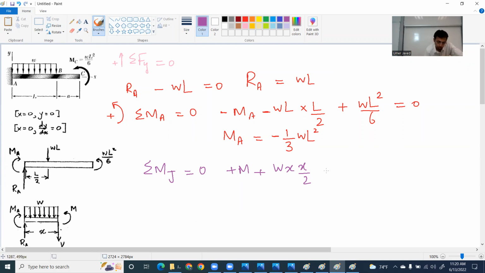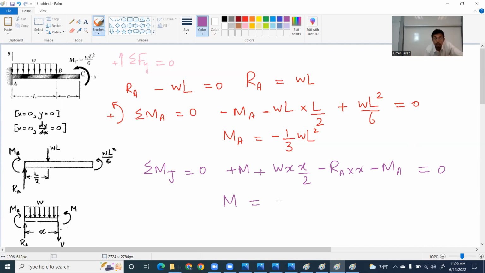And then we will have minus RA multiplied by X. That's it. No, there is one more thing, minus capital MA, right? Do you remember you calculated that? How can you forget? Because this is a cantilever beam. We cannot forget.